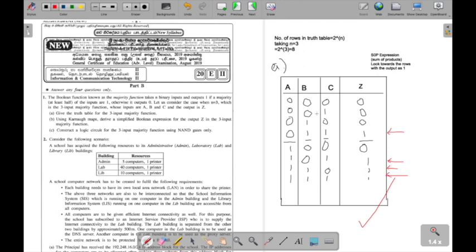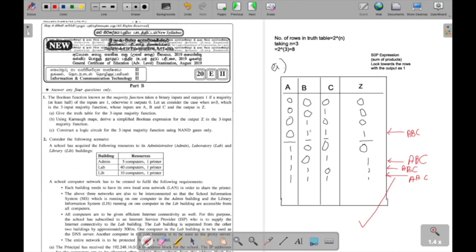So in here you have A, B and C, which means we have A dot B dot C, A dot B dot C, A B C, A B C. Now we have ABC, ABC and ABC.